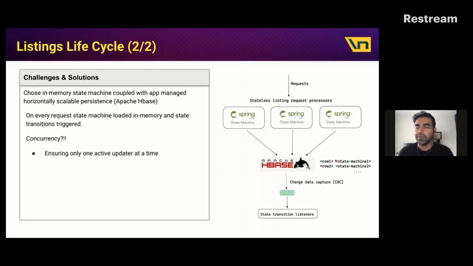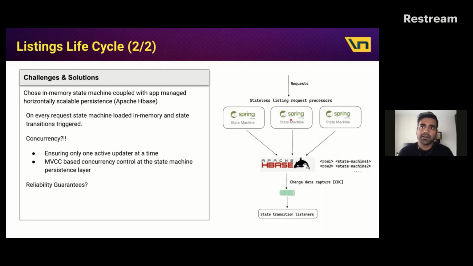There are a bunch of ways, like making sure there is a mutually exclusive lock, so that only one app instance actually operates on the state machine. However, this being a distributed system can be difficult to achieve. So we also implemented something called multi-version concurrency control. Each of these state machines is versioned, and we reject updates on older versions of the state machine.